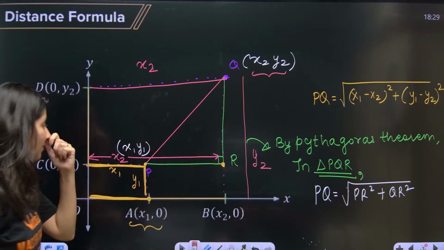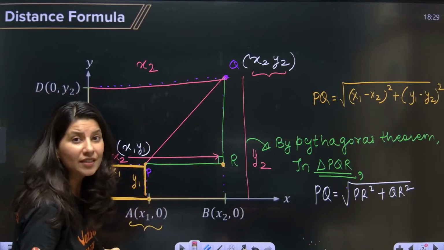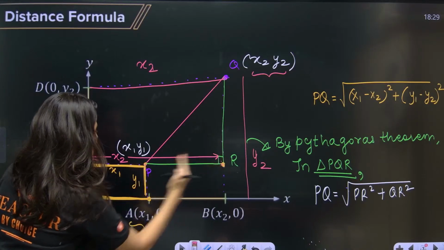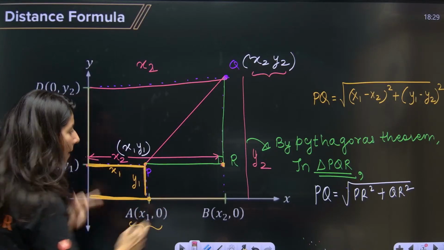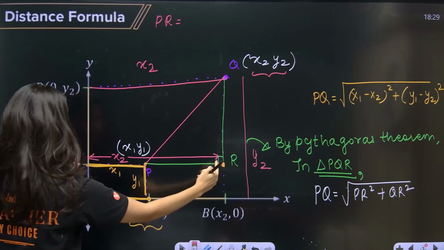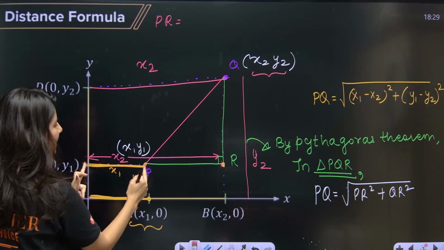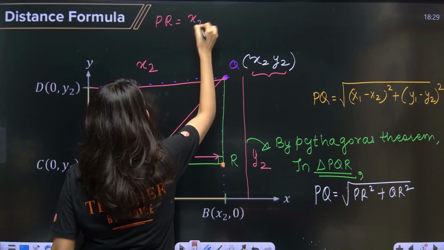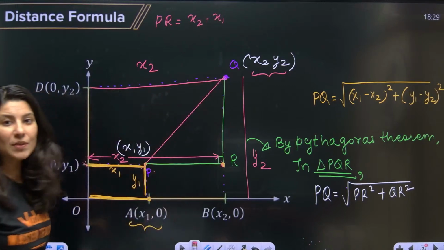Now tell me, you want what? You want PR. PR is going to be x2 minus x1, yes or no? PR, if I write PR, is going to be what? This whole distance minus this distance will give you PR. So x2 minus x1 is going to be PR.